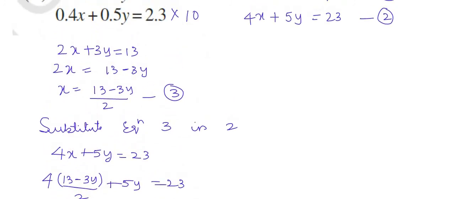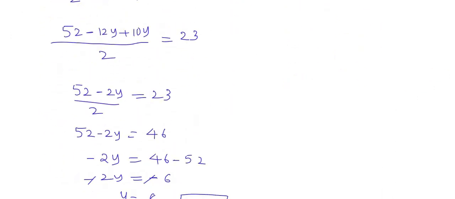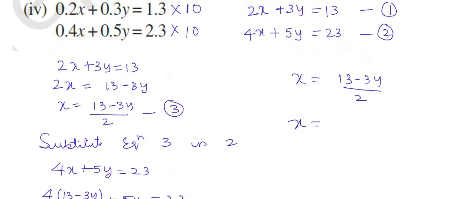Now substitute y equal to 3 in equation 1, 2 or 3. I'll go for equation 3 only. So x equals (13 minus 3y) divided by 2. Our y value is 3, right? So 13 minus 3 into 3, divided by 2.